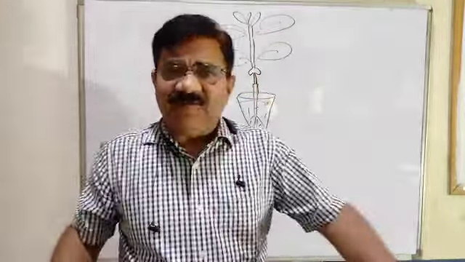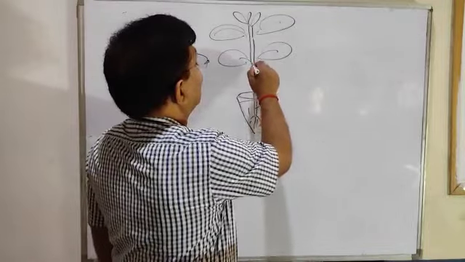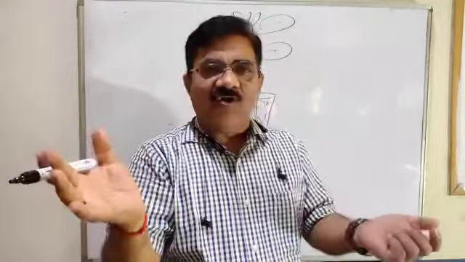That food was transported to the root also, the lower part also. But here the phloem was removed, and due to deposition of the food prepared by the leaves, this part swells.